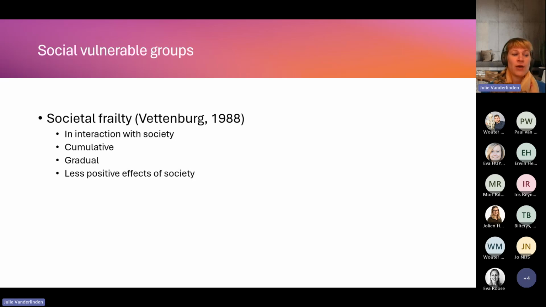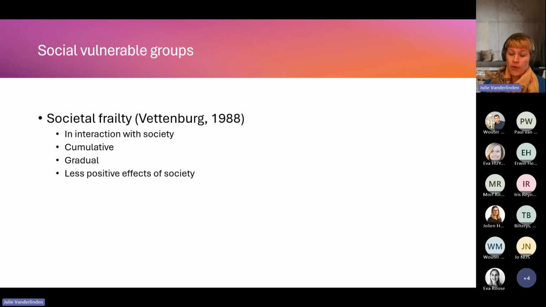So it means that if you had one experience that might make you socially frail or socially vulnerable, the chances are higher that in the future you might have another experience like that. So that being said, it means that social vulnerability might also be something that you inherit from previous generations.